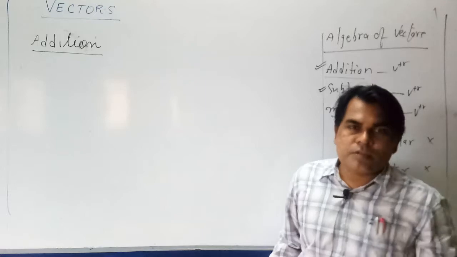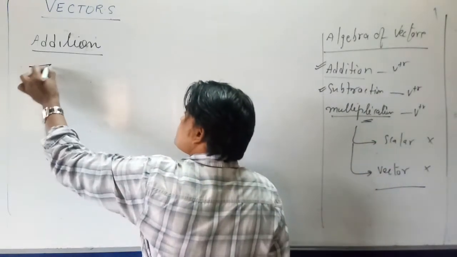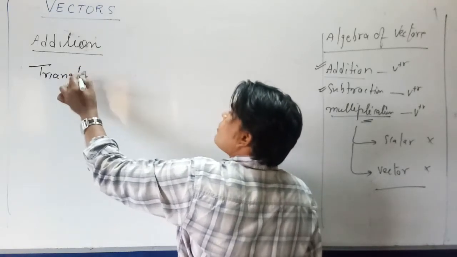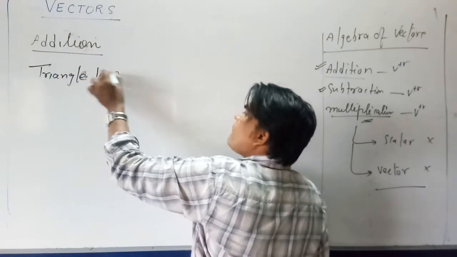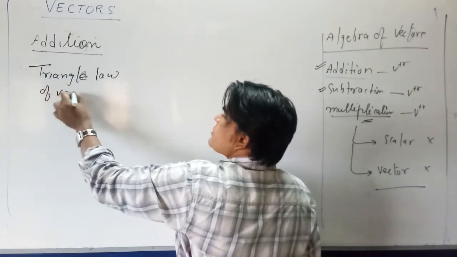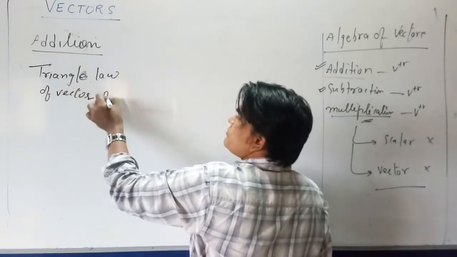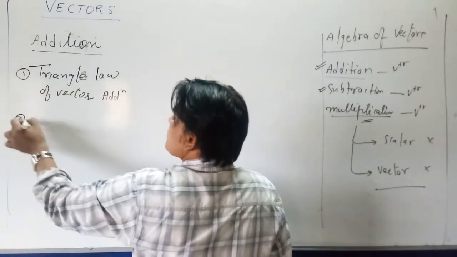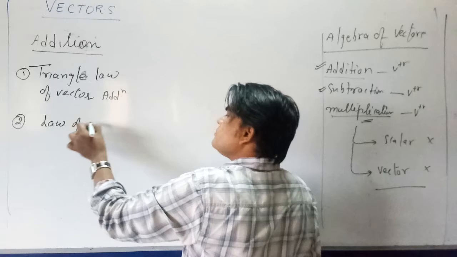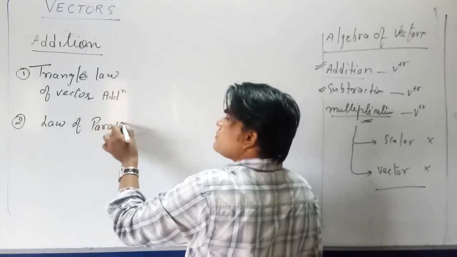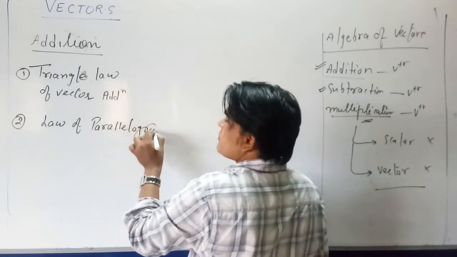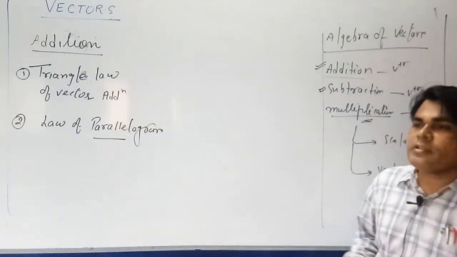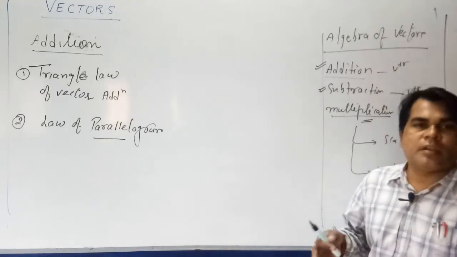To add two vectors, we have two laws. Triangle law of vector addition. Second, we have the law of parallelogram. There are two methods, two ways in which we can add two vectors.